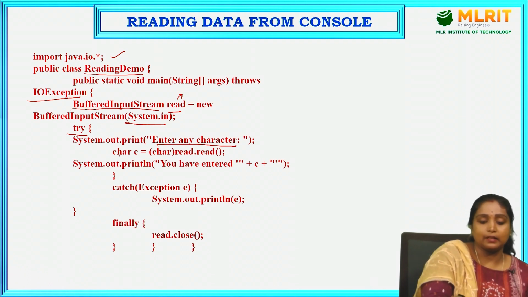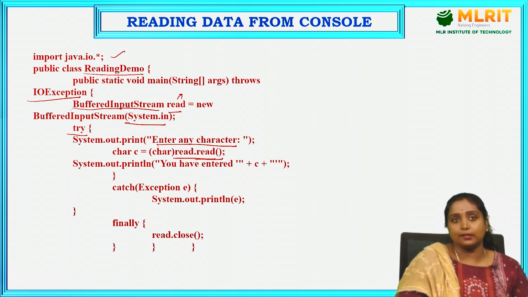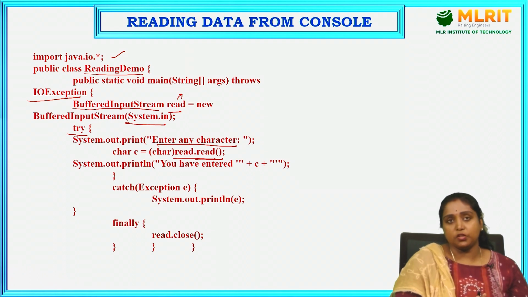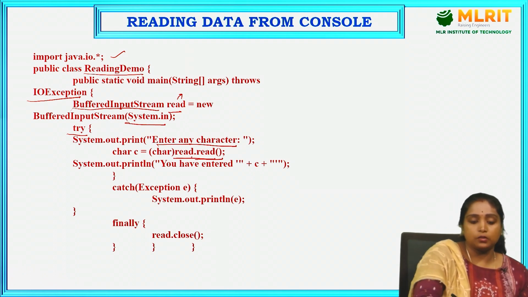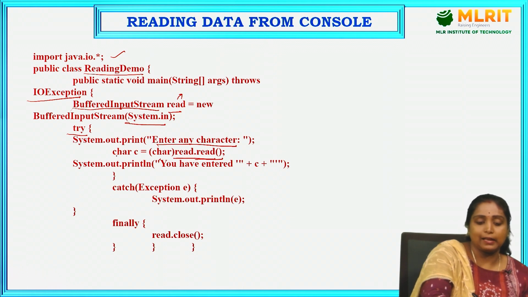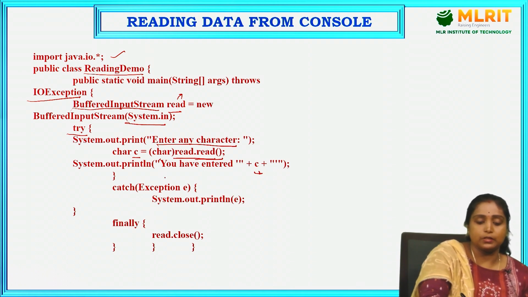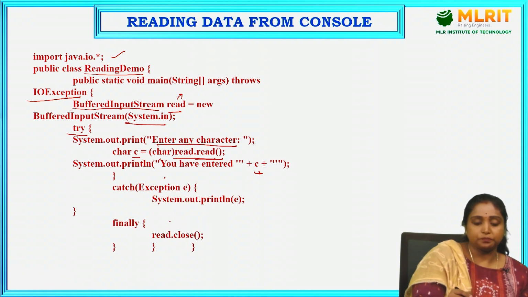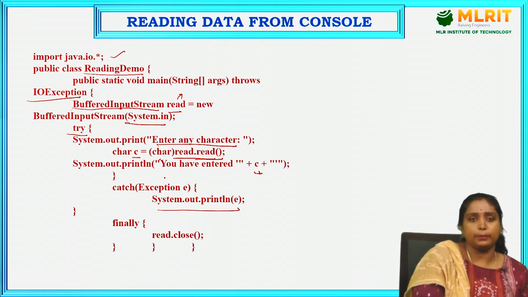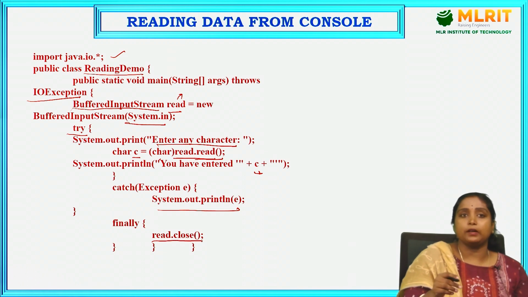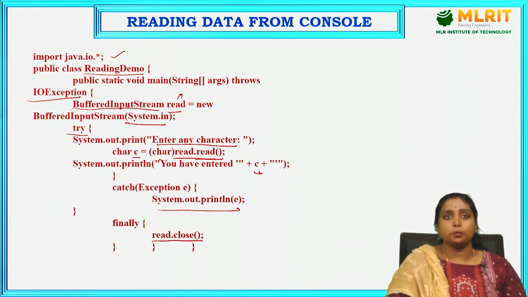Whatever character you read using the read method, which is from BufferedInputStream, is converted to a character and saved in c. Now I am printing just c. If anything goes wrong, the exception will be printed. Finally, we are closing that particular input stream with read.close.